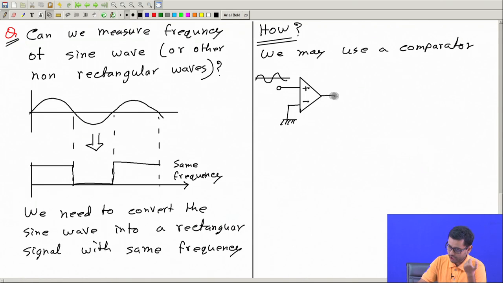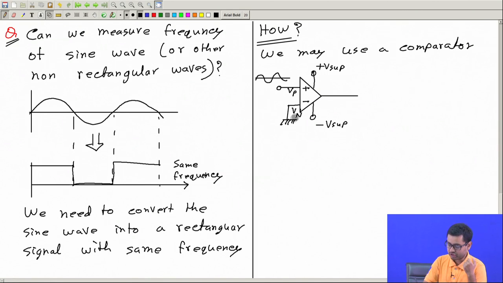Now how will the output change? The output of an op amp depends only on the difference between these two inputs, Vp and Vn. When Vp is higher than Vn, the output is positive and equal to the positive supply, plus V supply, and if Vp is less than Vn, then the output is equal to minus V supply. This is what we know, right?